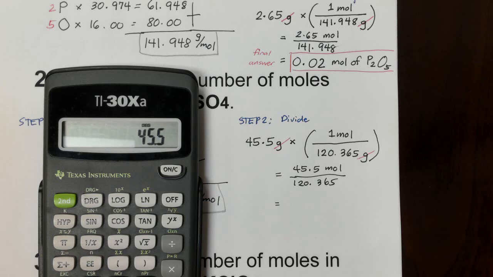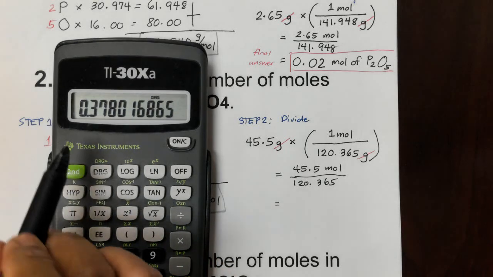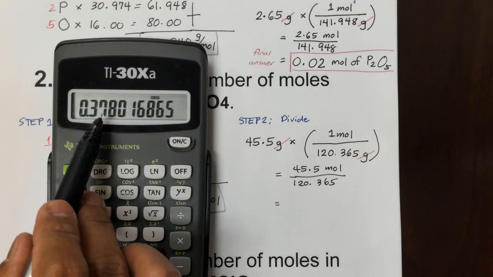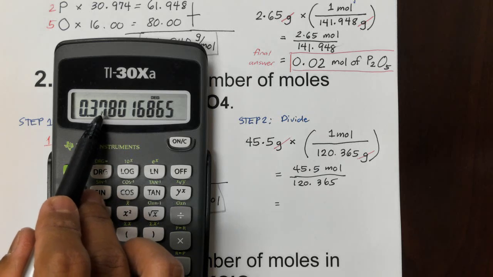So that's 45.5 divided by 120.365. We got plenty of answers, and we just need 2 decimal places, so that's 0.37, but the 7 is followed by an 8, so the 7 here becomes an 8.